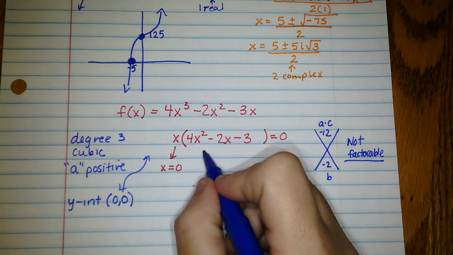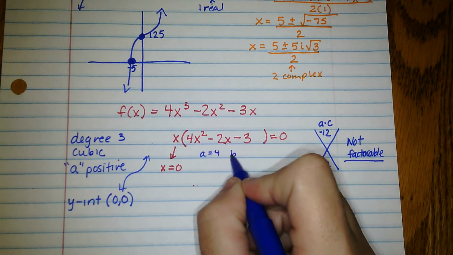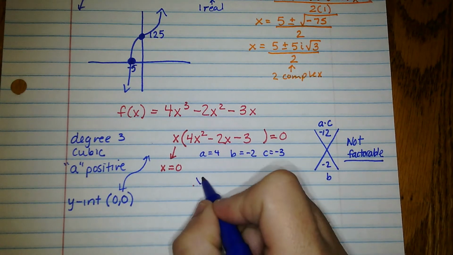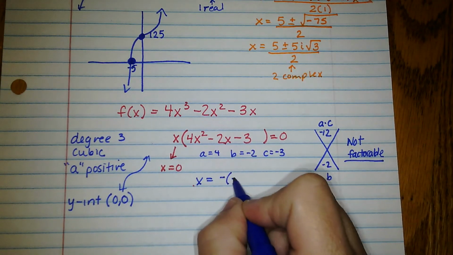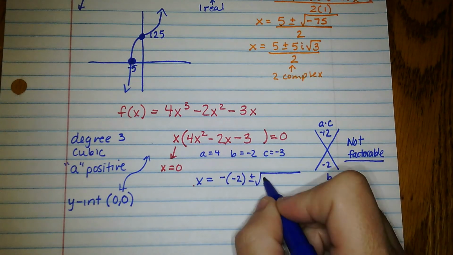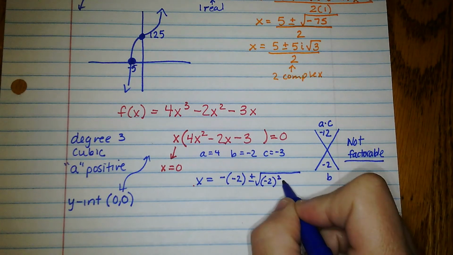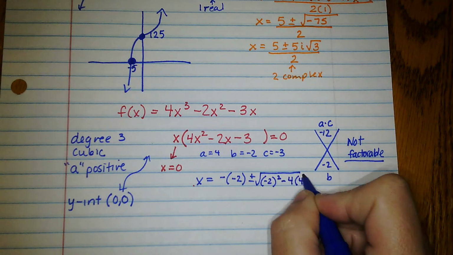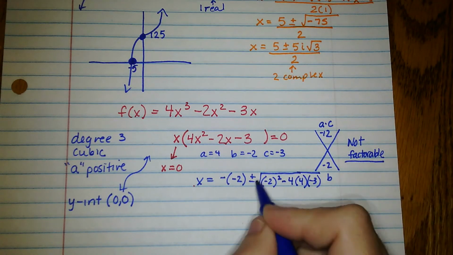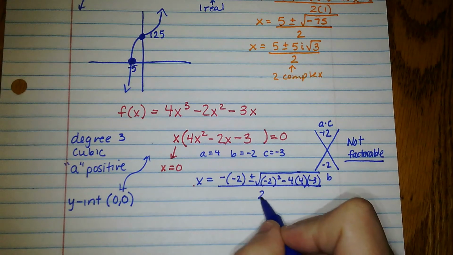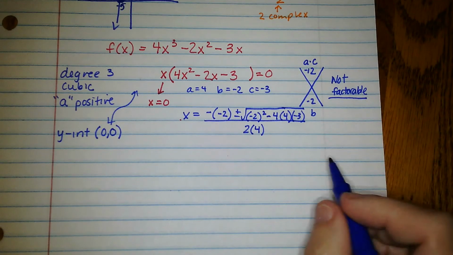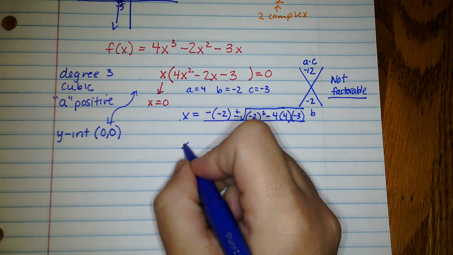So let's begin. A is 4, B is negative 2, and C is negative 3. X equals negative B plus or minus square root of B squared minus 4 times A times C, all over 2A. I didn't give myself a lot of space, did I? Okay, let's clean this up.